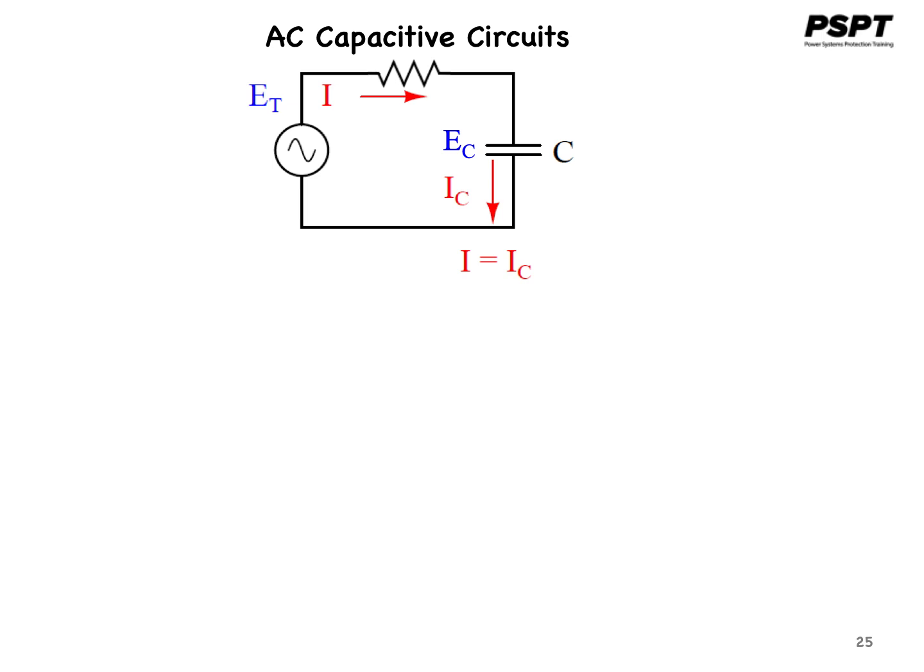It's going to be the same series circuit, a resistor in series with a capacitor, source voltage being ET, and the current through the circuit is going to be designated I. The voltage drop across the capacitor is going to be designated E subscript C, and the current through the capacitor is going to be I subscript C. But because it's a series circuit and there are only 2 passive elements in the circuit, the total current in the circuit is going to equal the same current through the resistor as through the capacitor.